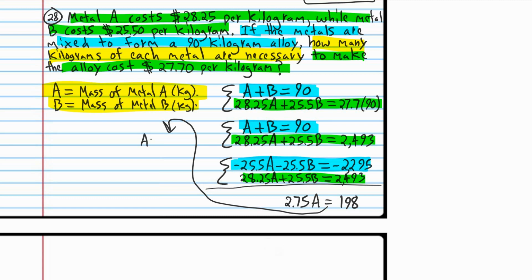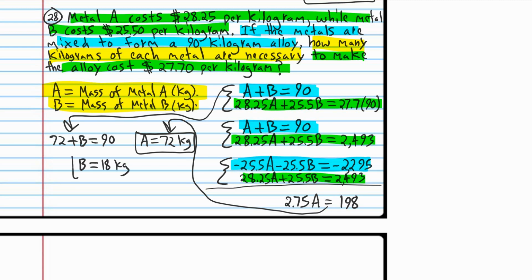So the mass of metal A is 72 kilograms. And then we can just use the top equation, plug in 72. And obviously the mass of metal B that we're going to use would be 18 kilograms if you subtract.